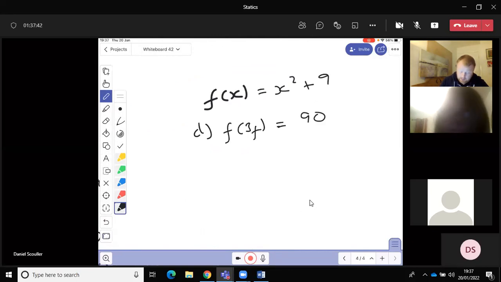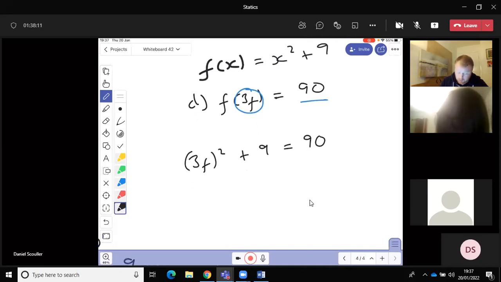In place of that x, I'm substituting 3f in, and then equating it to that output, 90. So in place of x, putting 3f, that becomes squared, plus 9 equals 90. I'm squaring that whole term, so 9f squared plus 9 equals 90.